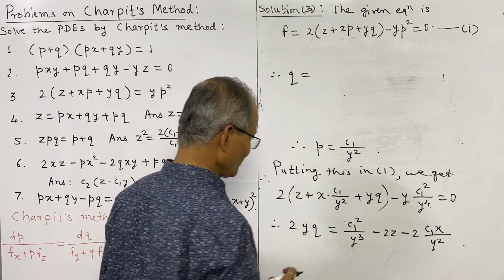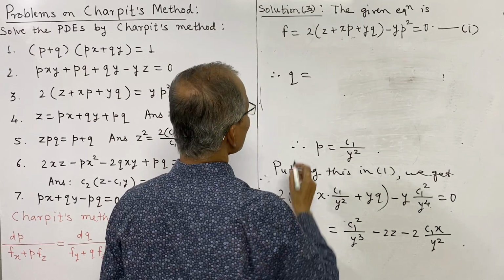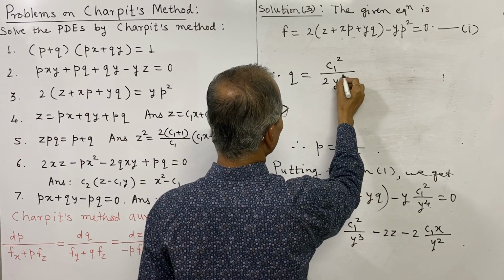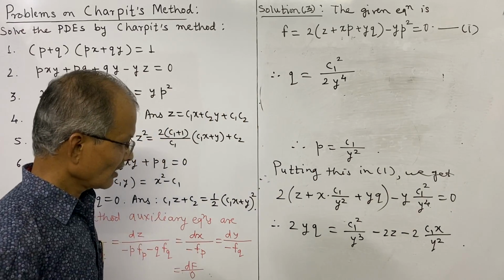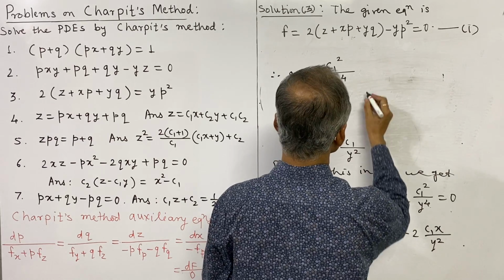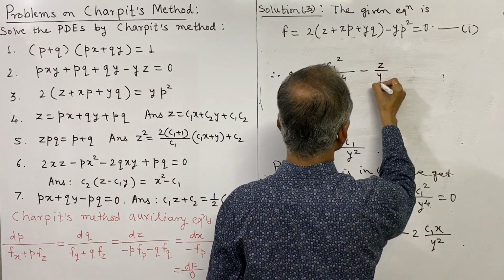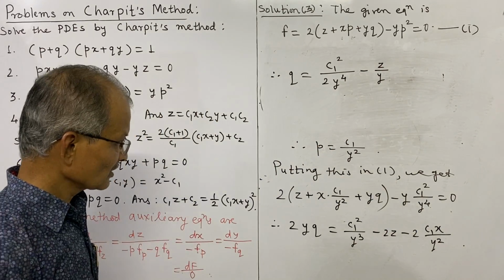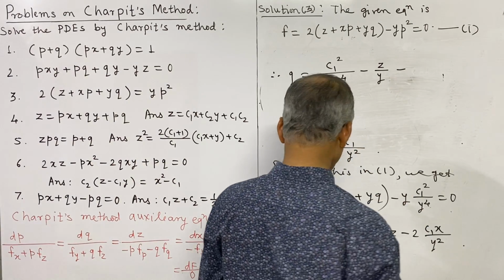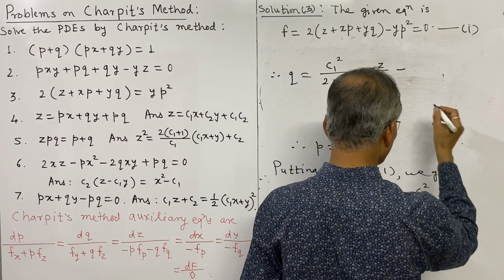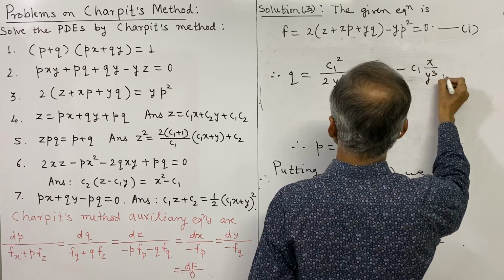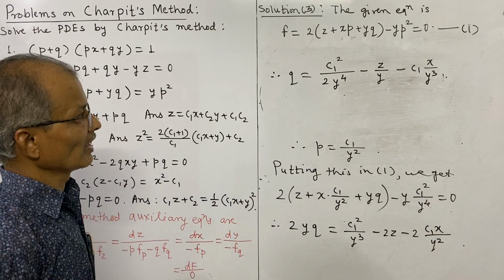So that will be c1 square divided by 2y to the power 4, and this 2 cancels, minus z divided by y, and next this 2 cancels, and we divide by y, so minus c1 x divided by y cube. So this is the value of q we have obtained.